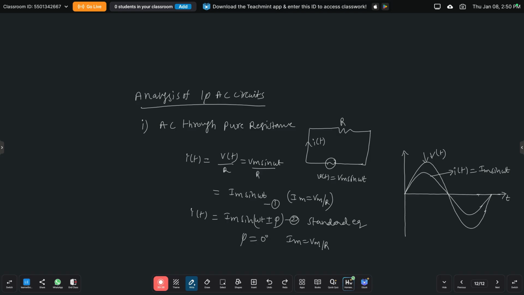Right. And the phasor diagram, how do you write it? I of t is in phase with V of t. So now this is the phasor diagram.